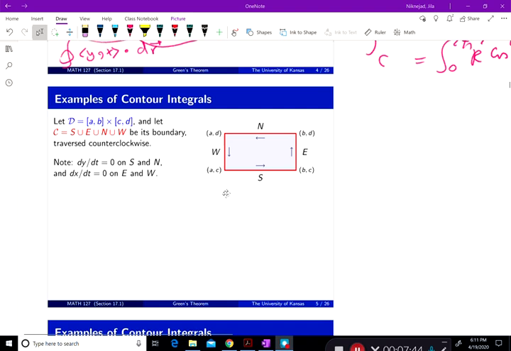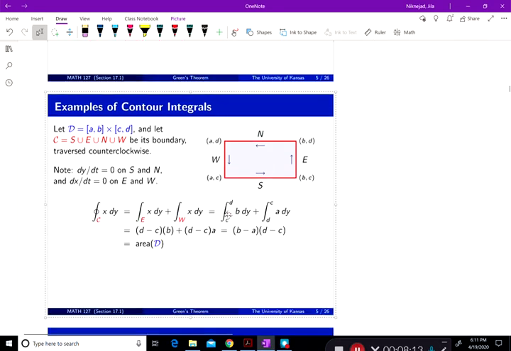Note that dy dt is 0 on S and N, and dx dt is 0 on E and W, because on S and N, y is not changing, and on E and W, x is not changing. That's something to remember.